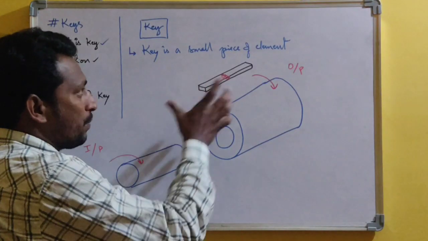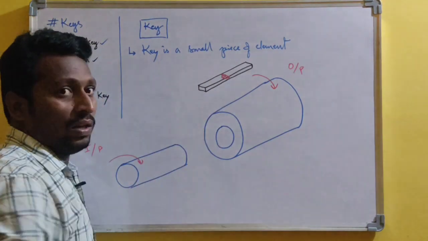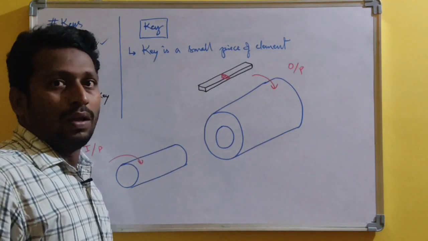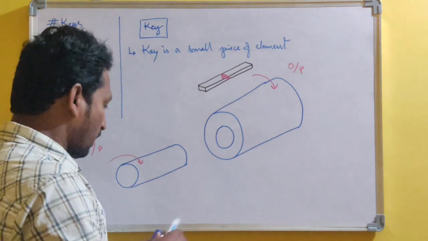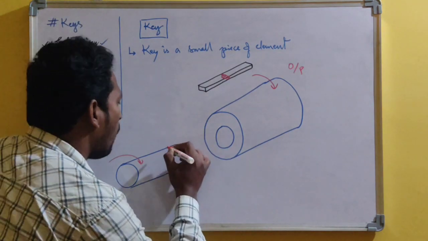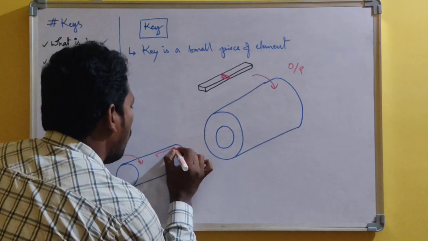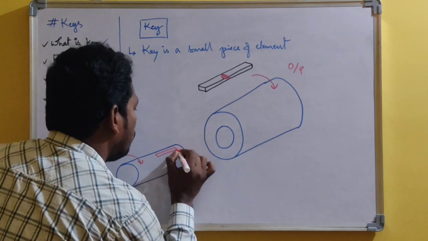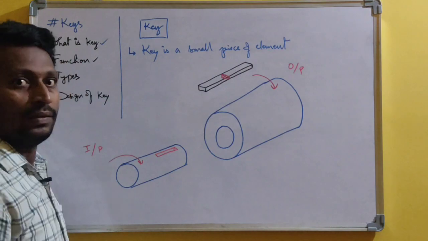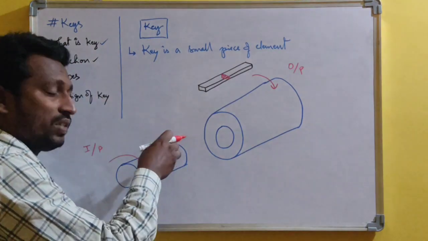In order to transmit the power from this one to this one, we have to make some modifications here. On the top of this solid shaft we have to make a small rectangular slot, by removing some excess material.